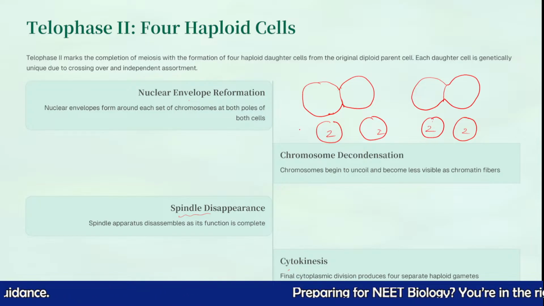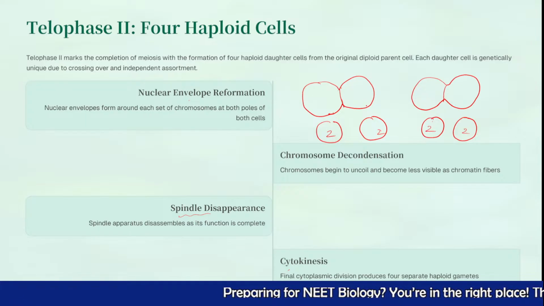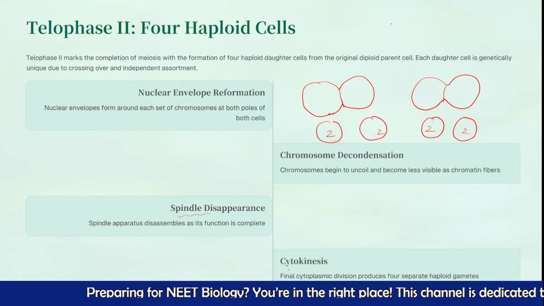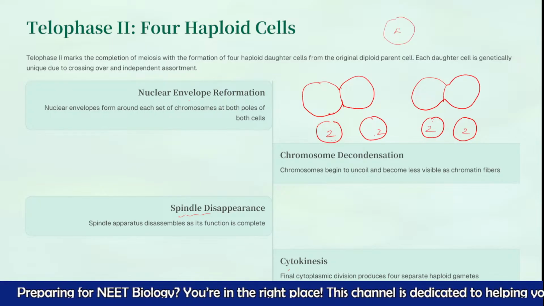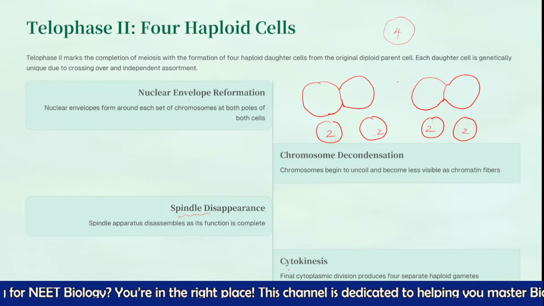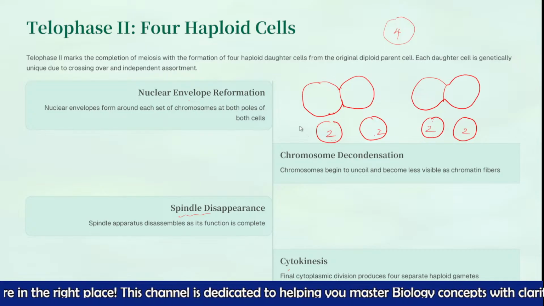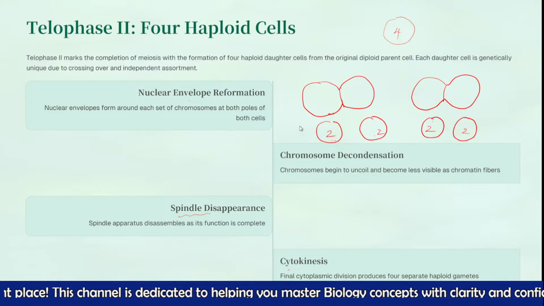So the whole meiosis results in the formation of 4 haploid cells from a single diploid cell. That's all about the different phases of meiosis.